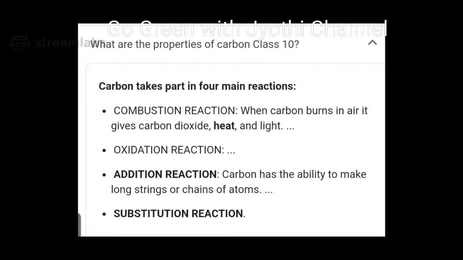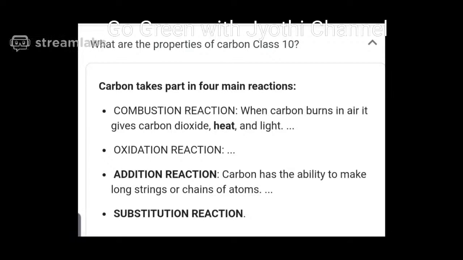It can undergo many chemical reactions. Among them, the very important chemical reactions are the combustion reaction, where it burns in the presence of heat and light.